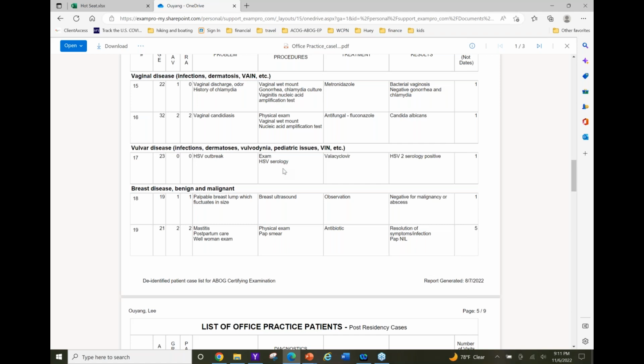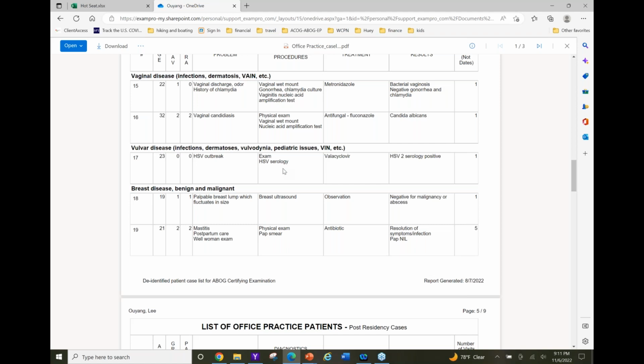And in her case, my recommendation was to start a suppressive dose of valacyclovir, and also to make sure that she refrains from any intercourse or sexual contact, but also talking to her partner about her diagnosis so that they could be treated if needed.